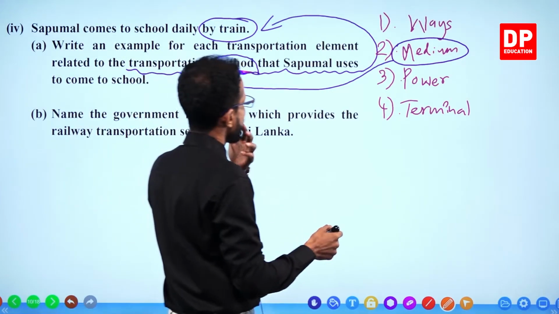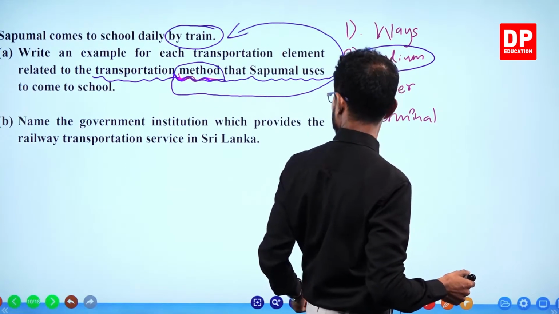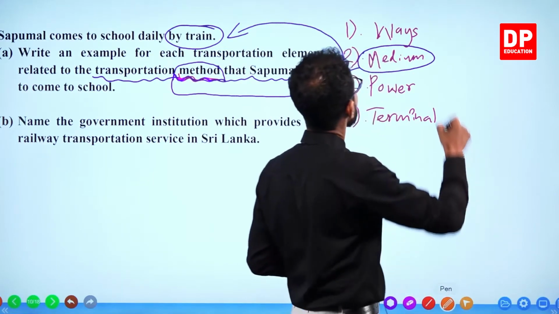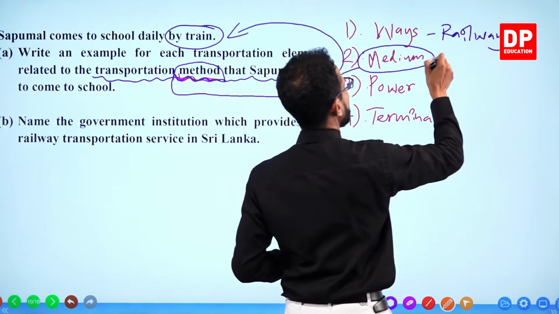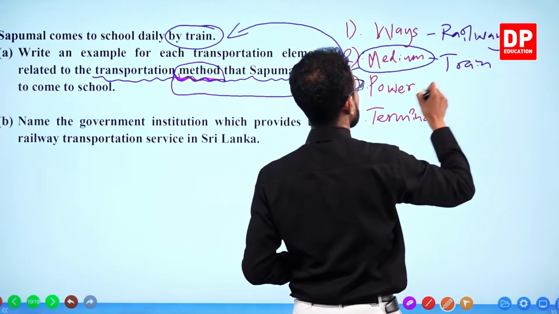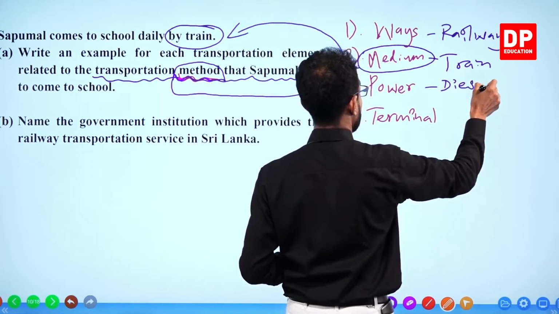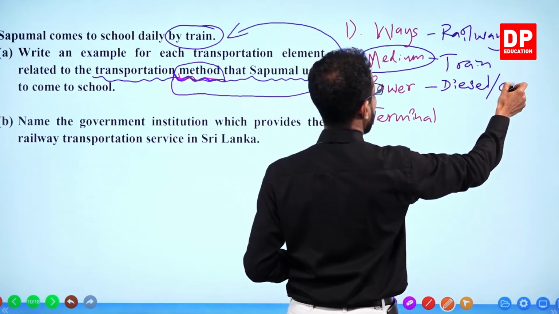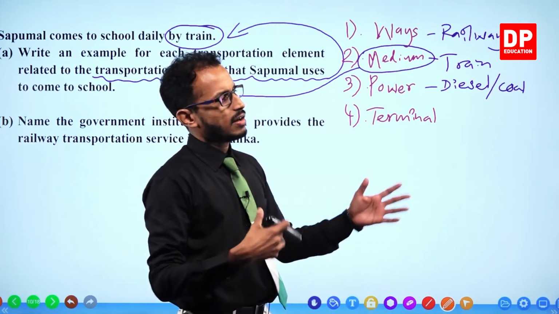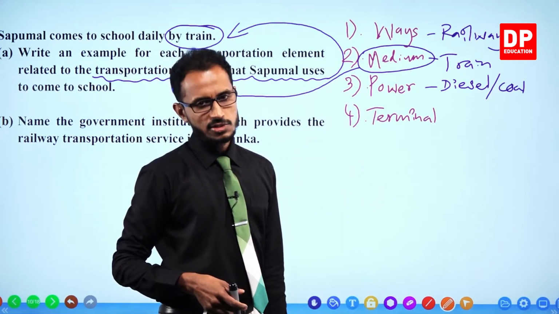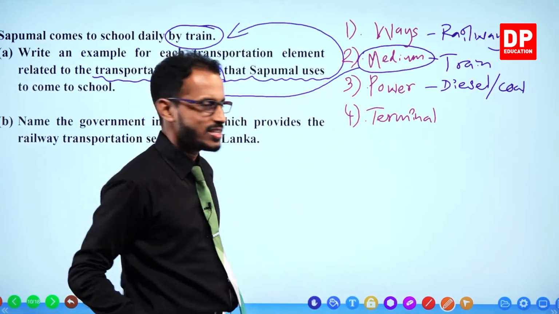Okay, ways. For train, what is the way? Railway. Medium is okay, we know, train. What is the power? Diesel. Coal, I don't think there are coal trains now. Come on. You don't have coal trains. Oh yeah, I wrote coal.